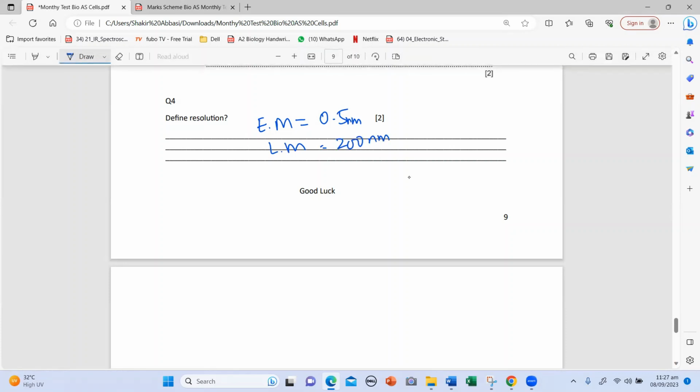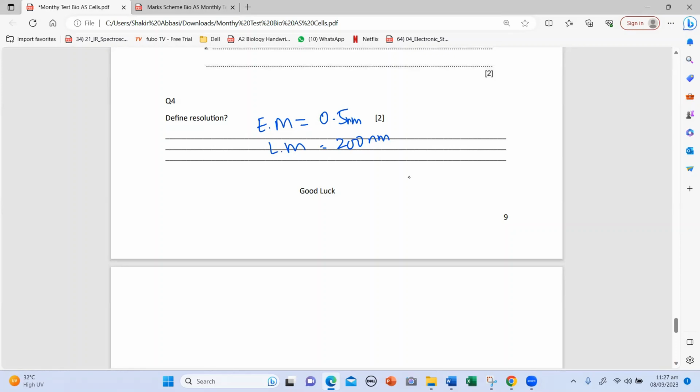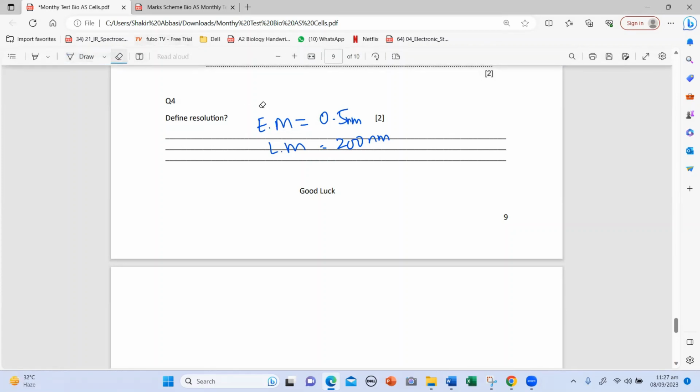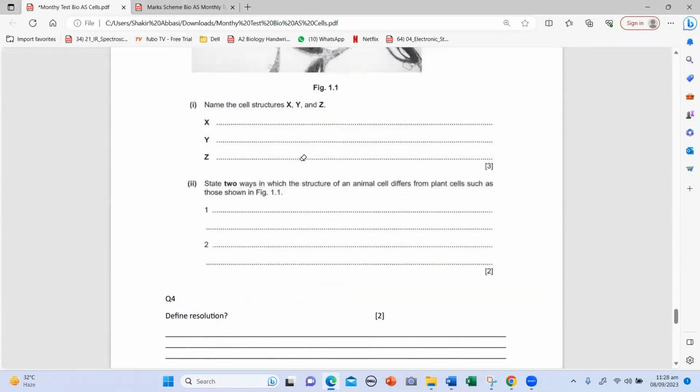It means that with a light microscope you can see things if they are 200 nanometer apart, but with an electron microscope you can see things if they are 0.5 nanometer apart. So the electron microscope has much, much higher resolving power than the light microscope. So resolution is the ability to differentiate between two closely located objects.